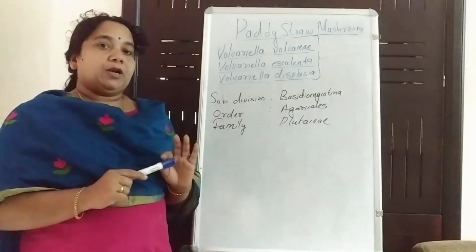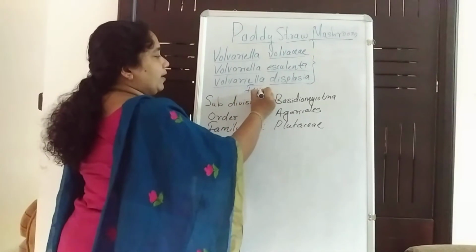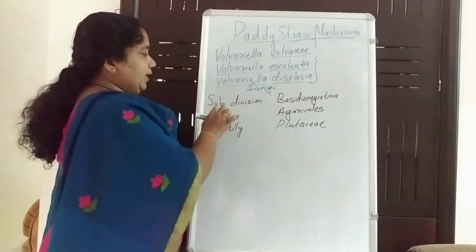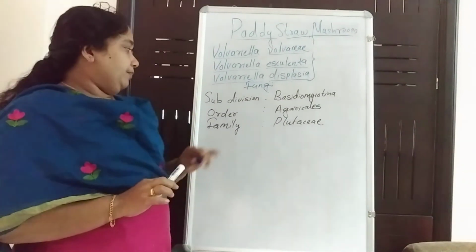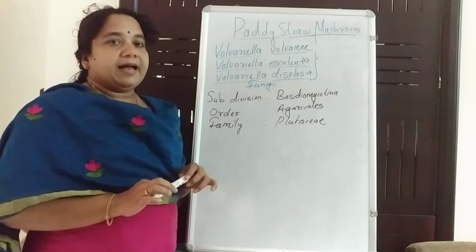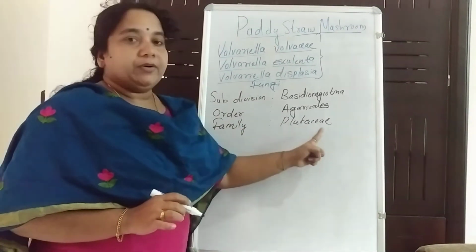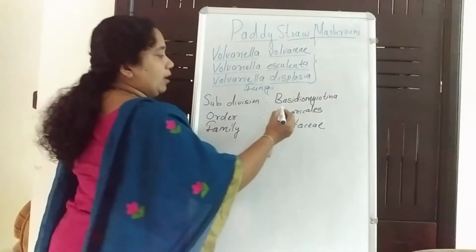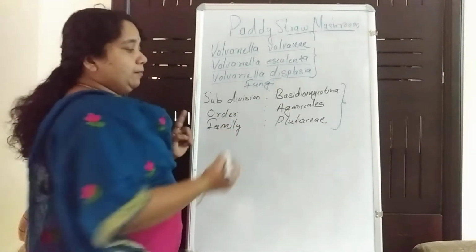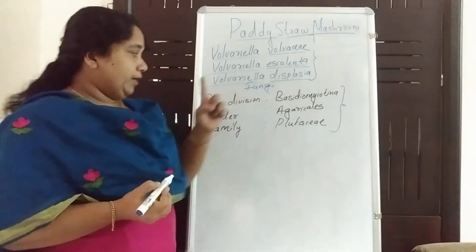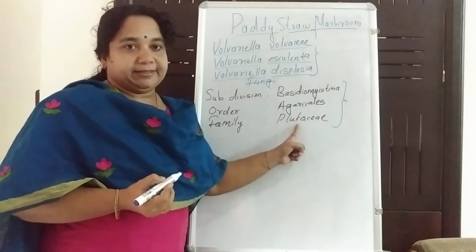You also know that it belongs to the main group fungi, and among the fungi it belongs to the subdivision Basidiomycotina, the order Agaricales, and the family Pluteaceae. This you have to know: subdivision Basidiomycotina, order Agaricales, family Pluteaceae.